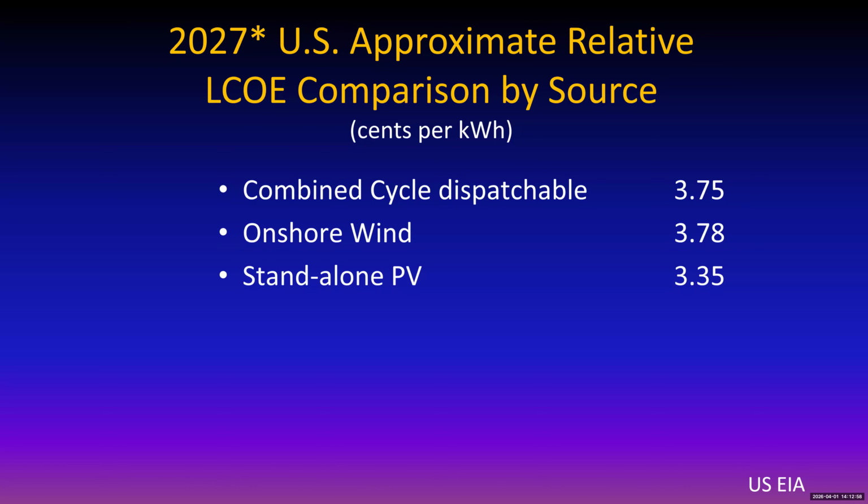Standalone photovoltaics, 3.35 cents per kilowatt hour. Now this is standalone photovoltaics, you notice, and that's if you have a utility independent system, standalone PV, 3.35 cents a kilowatt hour, not bad. If you just have plain old PV with storage, then you got 5.47.